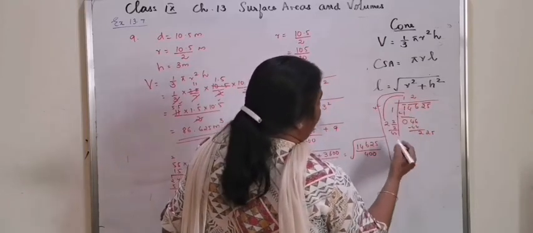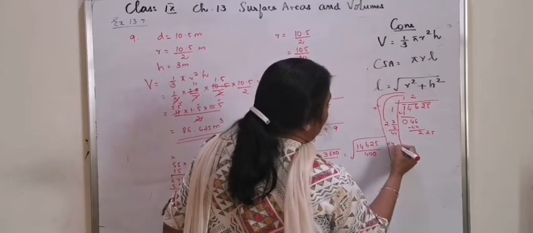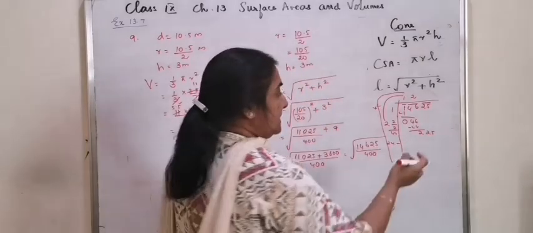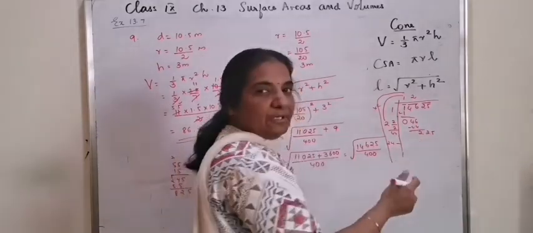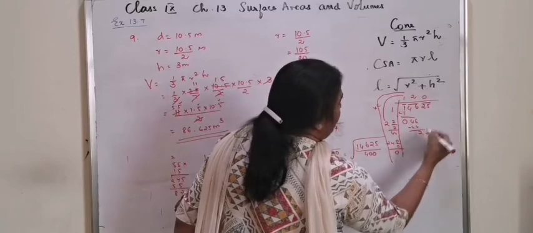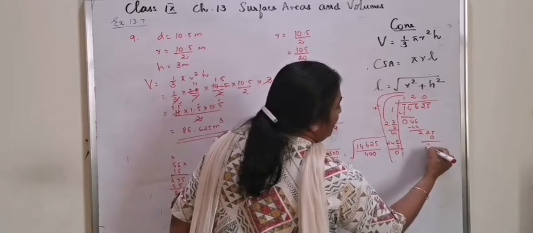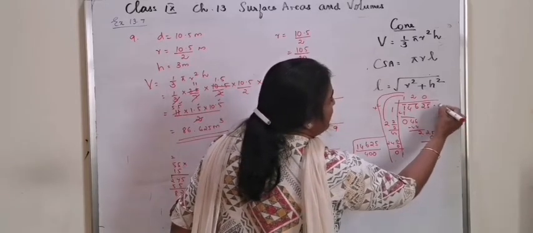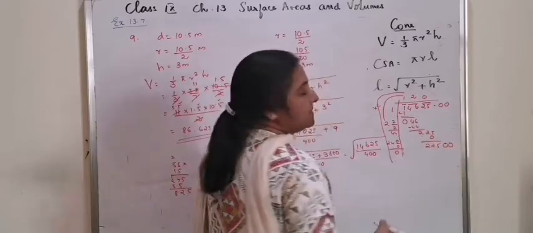Double of 12 is 24, and since the last 2 digits have come down, the minimum digit possible is 0 here, 120, then decimal, 2 zeros.